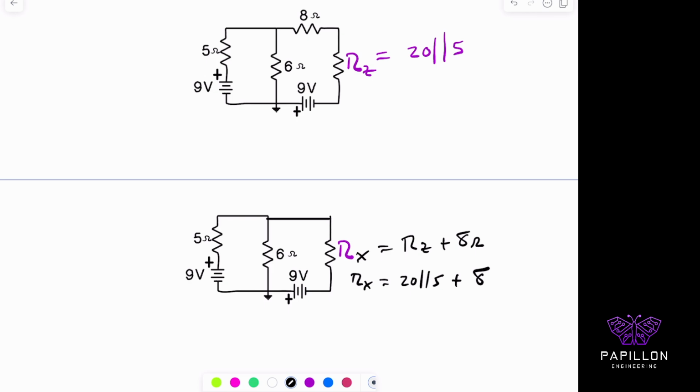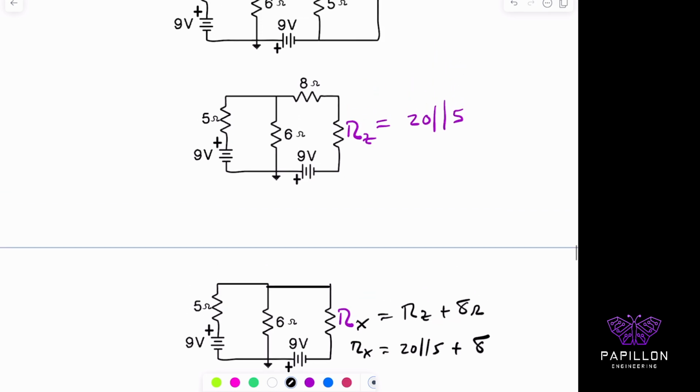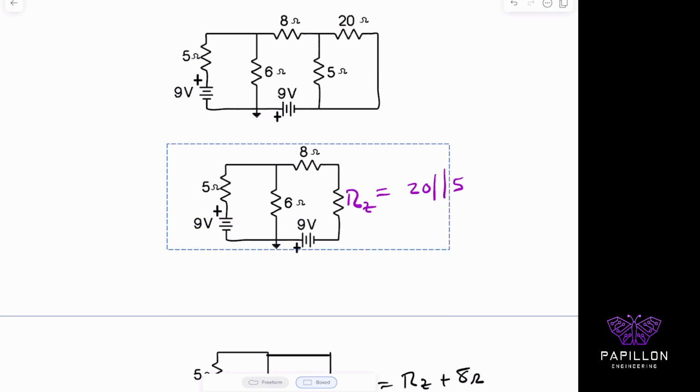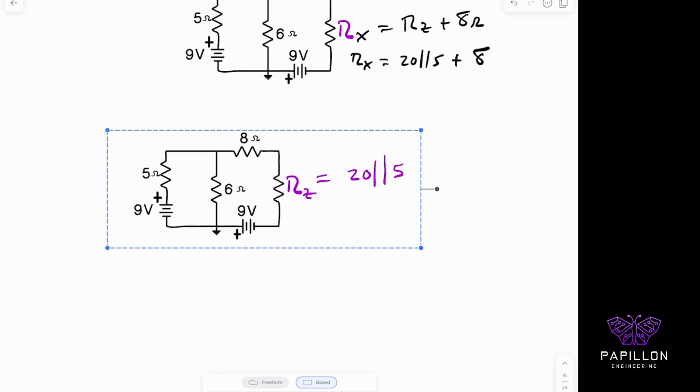So let's try to do that together and see if we can take this problem that looks like a long, complicated problem and simplify it to something a little bit easier. In order to do that, let's do what I just stated. Let's first do this piece of the problem, and we're going to be left with the following.